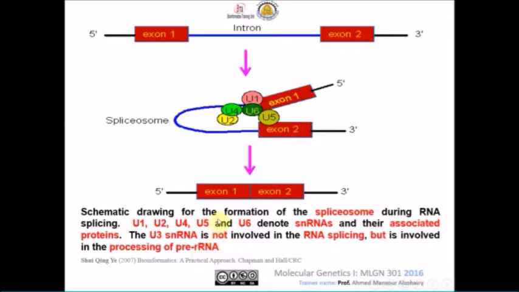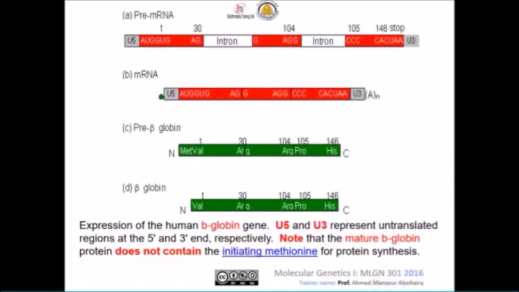So this is very important to know: all these units come together to cut the beginning and end of the intron and remove it, except the U3 small nuclear RNA, which is not involved in the splicing, but in another step, which is the processing of the ribosomal RNA.